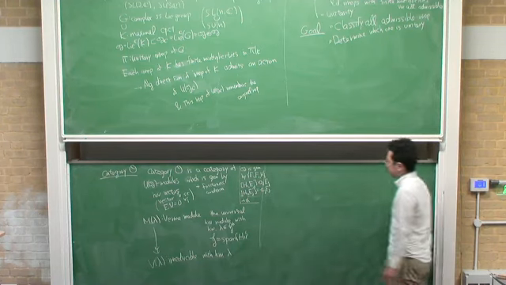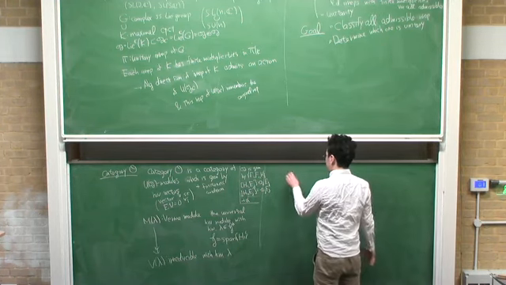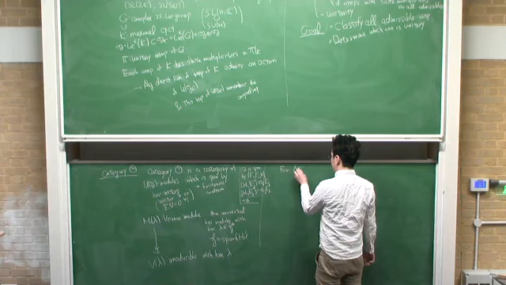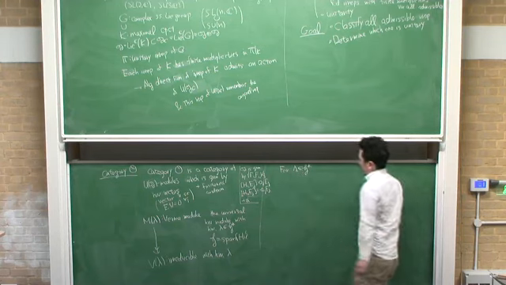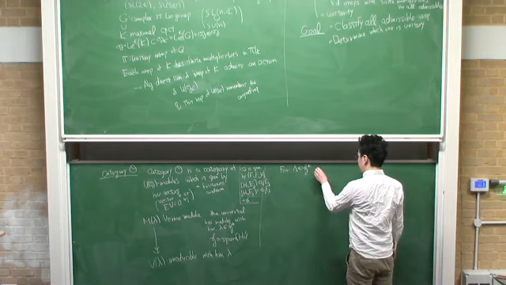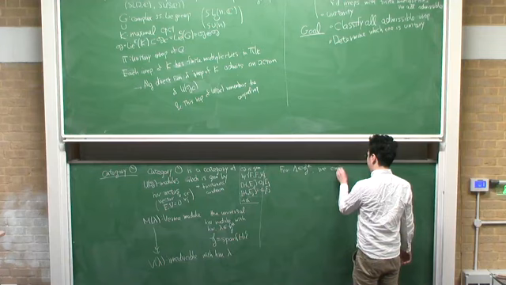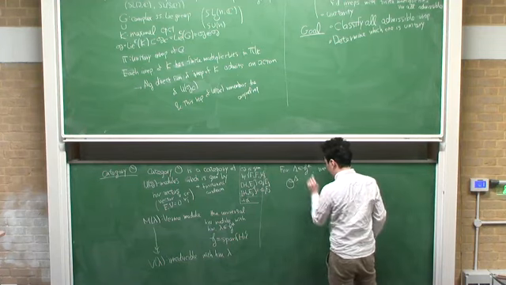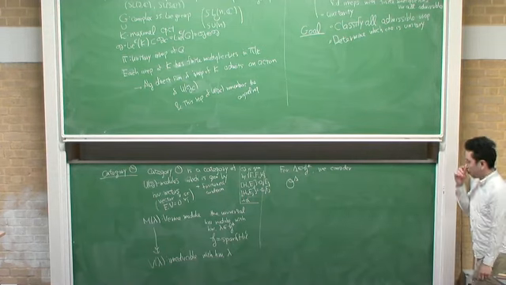So for lambda in H star, we consider the category O with compatible weight with lambda.